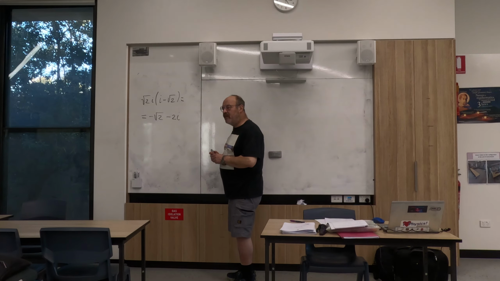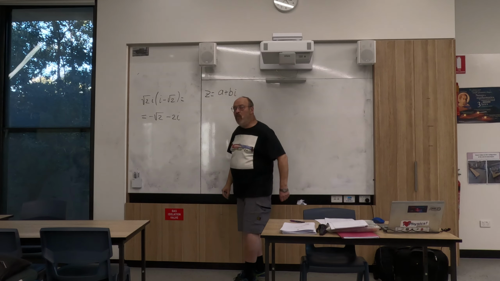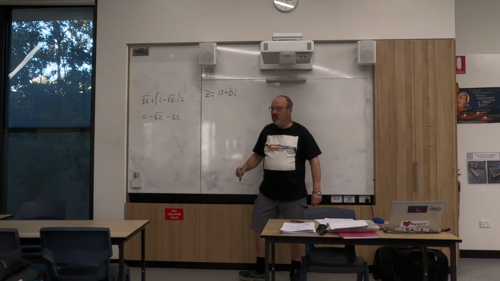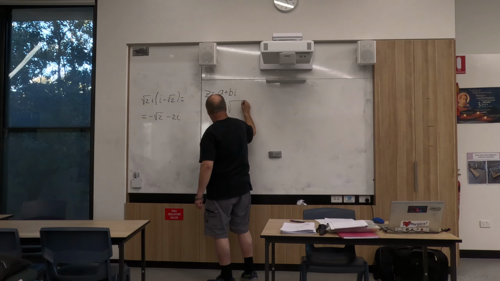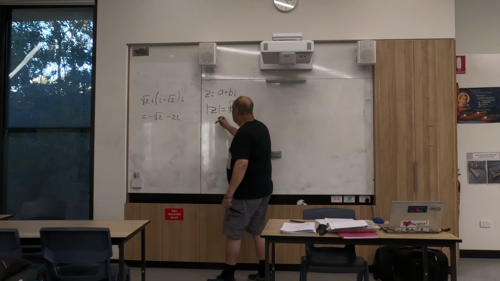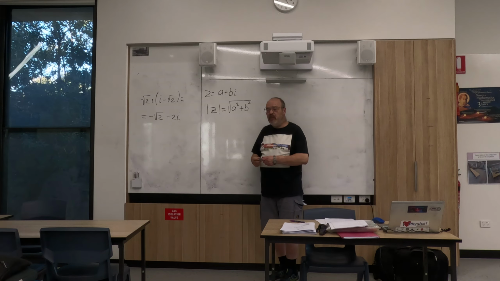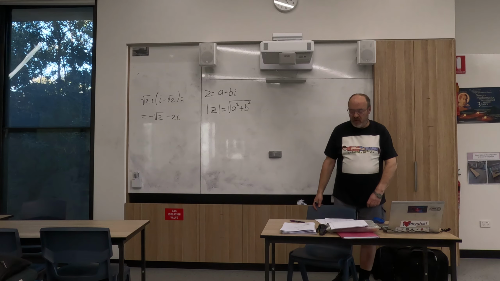If z equals a plus bi is a complex number, then the modulus of z is equal to the square root of a squared plus b squared. That's called the modulus of the complex number. We will develop this idea and what it leads to in the following lessons.